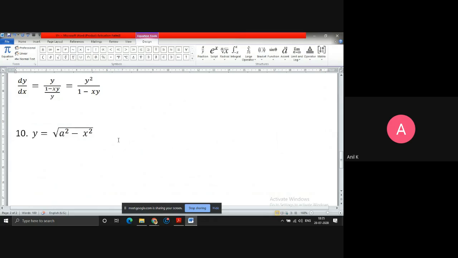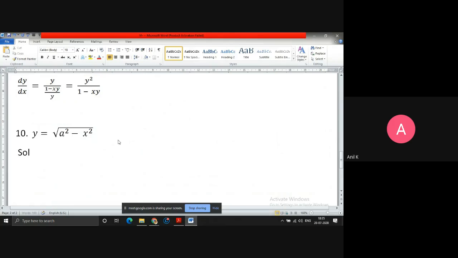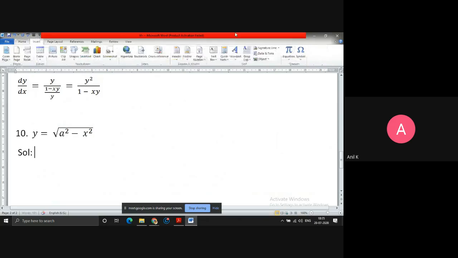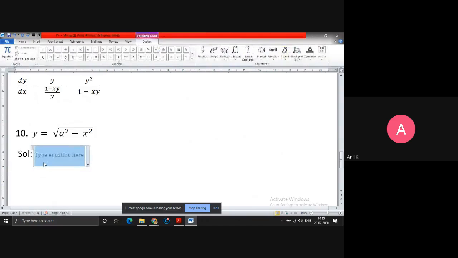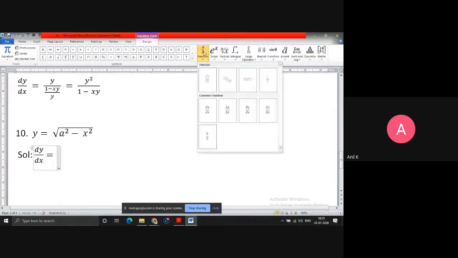Now you can guide me, how do we go for the solution of this question? So derivative of y, dy by dx, is equal to, if I take under root a square minus x square as theta, so what is the derivative of theta we discussed?